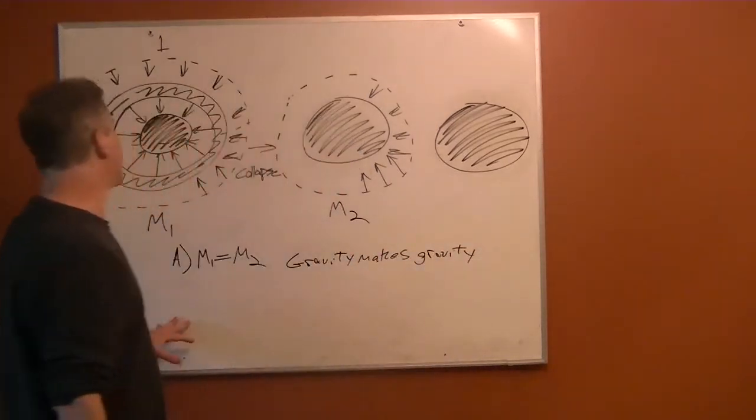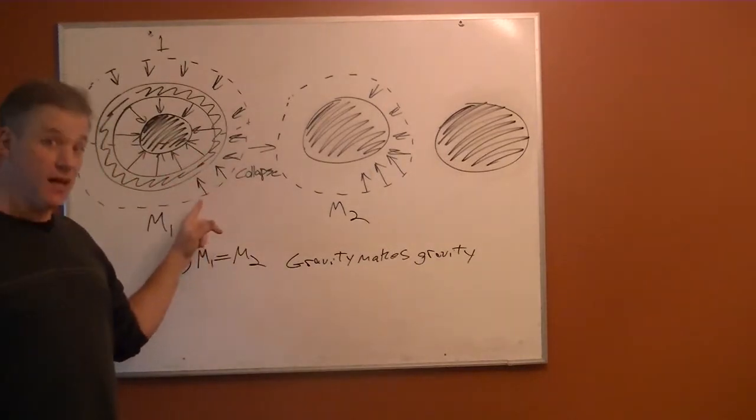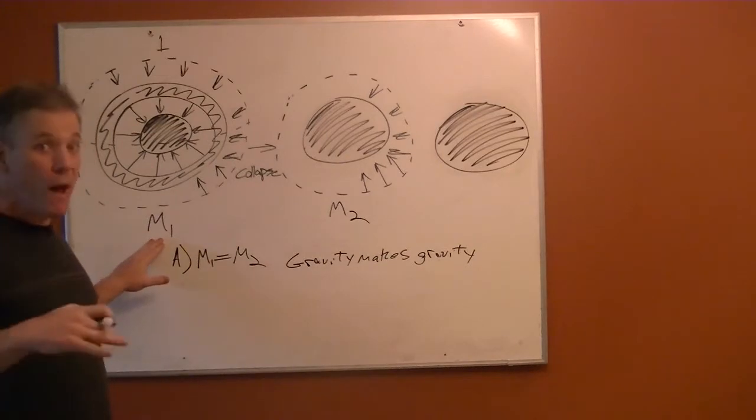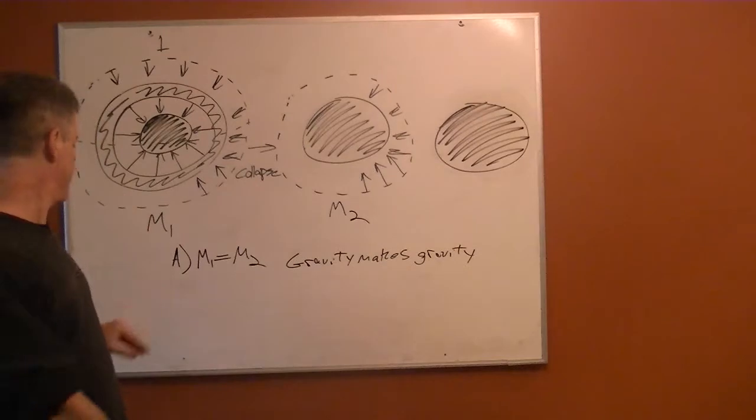Gravity makes gravity. The gravitational field in here is contributing to the gravitational field out here, so m1 was already too big. And that's why they're the same.